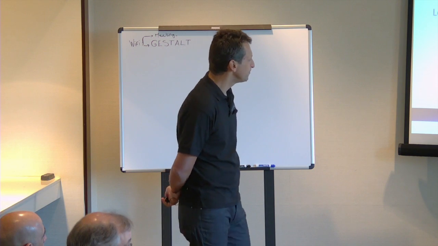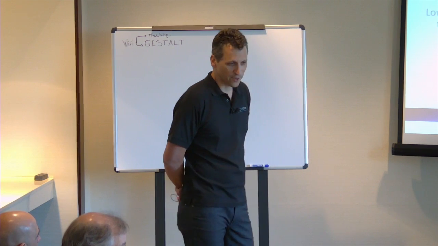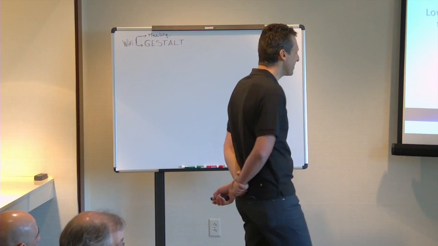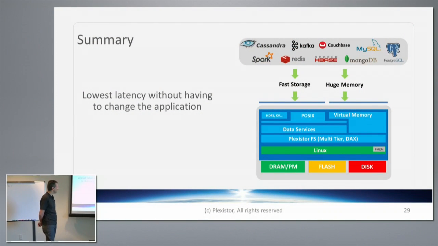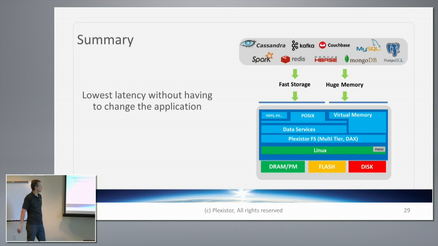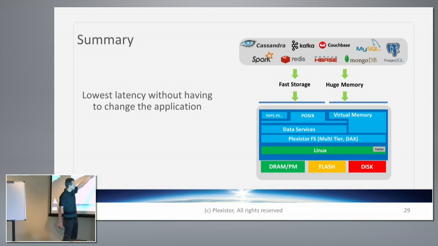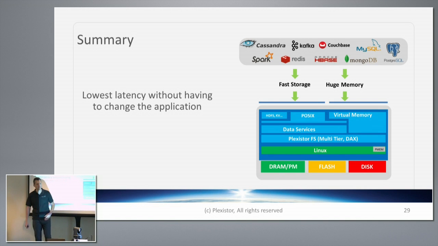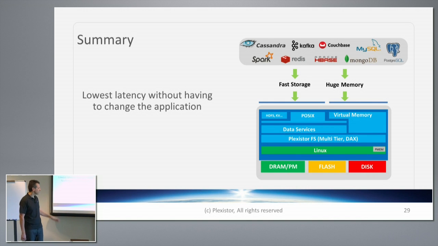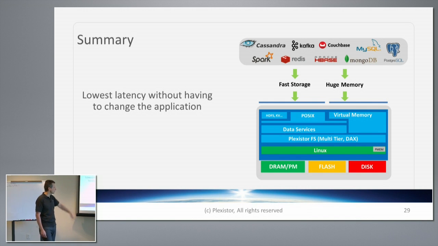So to conclude this section, actually we have another section on big data, which I promised earlier. We're going to run multiple applications, existing applications, new applications, existing programming model, new programming model, whatever. They can use it as storage, they can use it as memory.